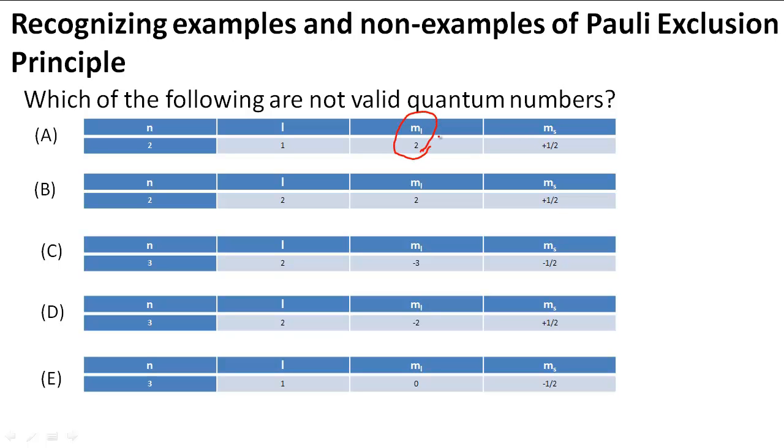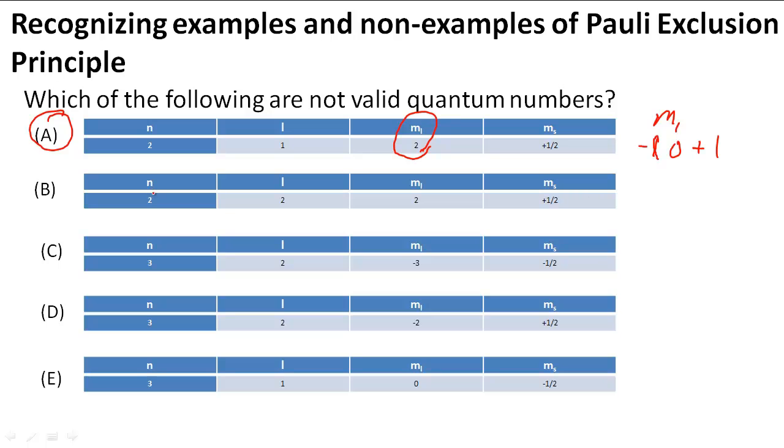What we have to remember about ML is that ML only ranges from negative L, so what L was before, negative L, 0 to positive L. Since in this one L is 1, that means it has to be either negative 1, 0, or positive 1. Unfortunately, this doesn't say that, so A is not valid. So it is one of the answers we're looking for.